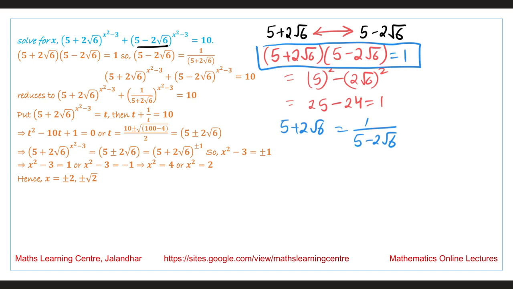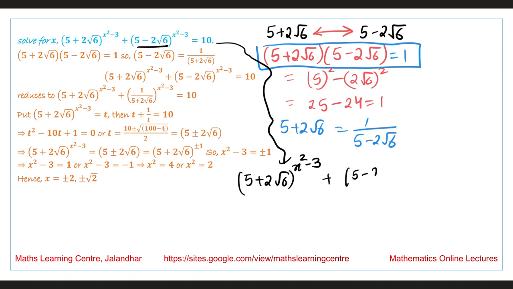So this equation can now be written as (5 plus 2 root 6) raised to the power x squared minus 3, plus (5 minus 2 root 6). In place of 5 minus 2 root 6, we are writing 1 by (5 plus 2 root 6) raised to the power x squared minus 3, and it is given to be equal to 10.